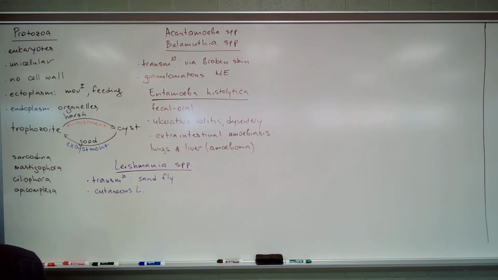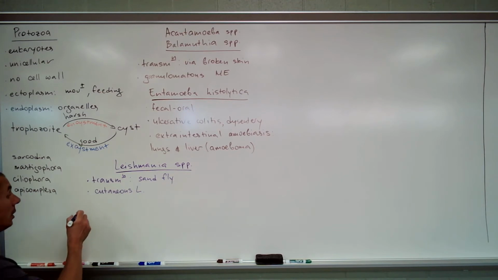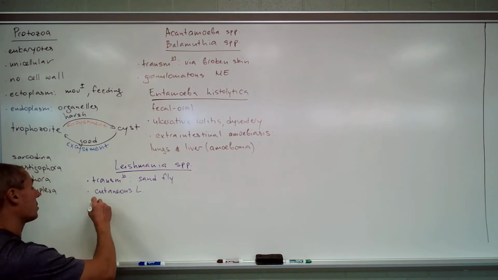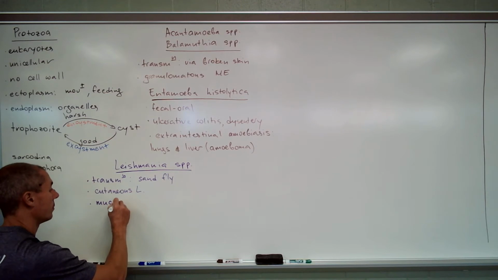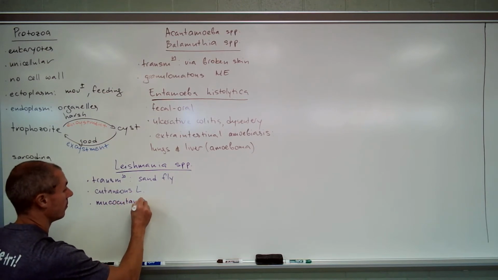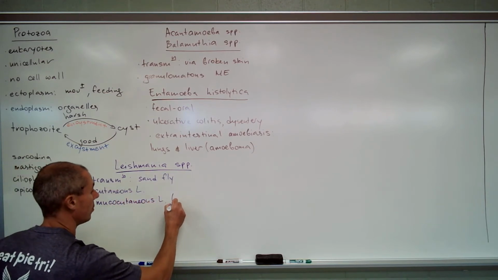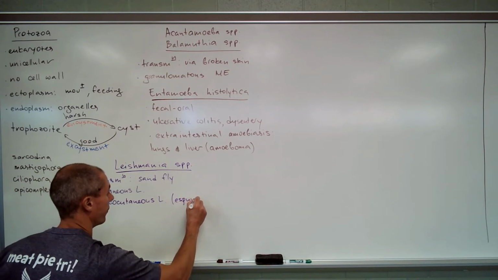In immunocompetent individuals, with a good immune response and not a huge infectious dose, often cutaneous leishmaniasis is it. It can heal by itself. In some people it doesn't, and it progresses to the mucocutaneous form, also known as Espundia.